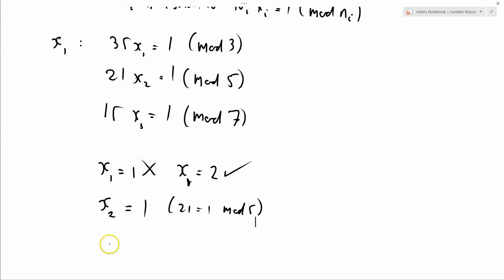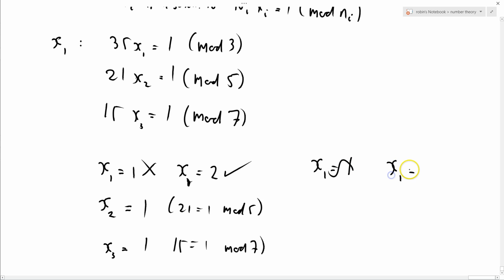What about x3? x3 equals 1 will do because of course 15 equals 1 modulo 7. So we've got our solutions. x1 was equal to 2, x2 was equal to 1 and x3 was also equal to 1.